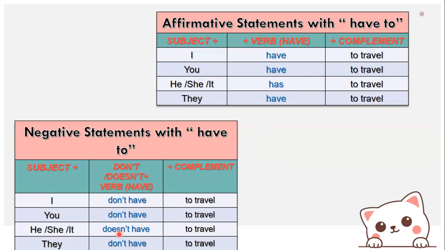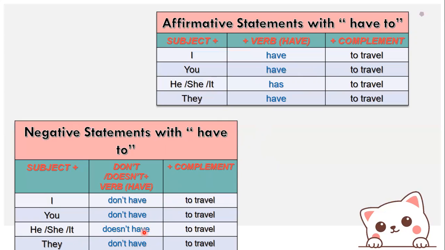Solamente, ¿por qué? Porque ya tenemos ese auxiliar. Ya al poner este doesn't, ya lo hicimos en negativo y no tenemos que cambiarlo por has. Lo dejamos normalito. ¿Por qué? Porque ya este doesn't tomó toda la acción que tenía que hacer para cambiar este verbo.